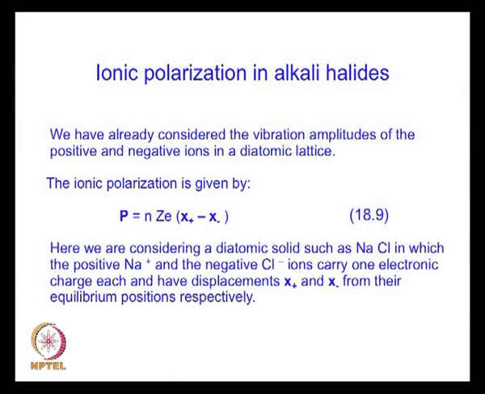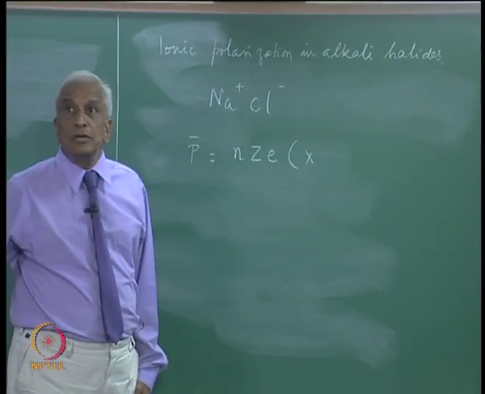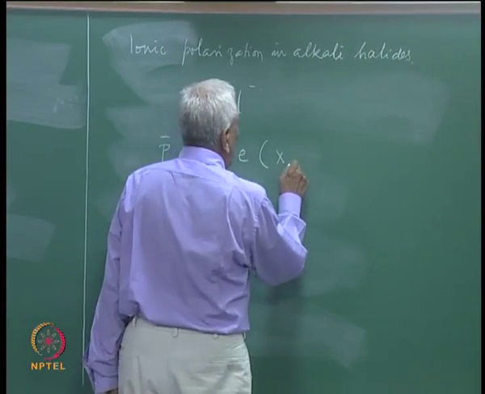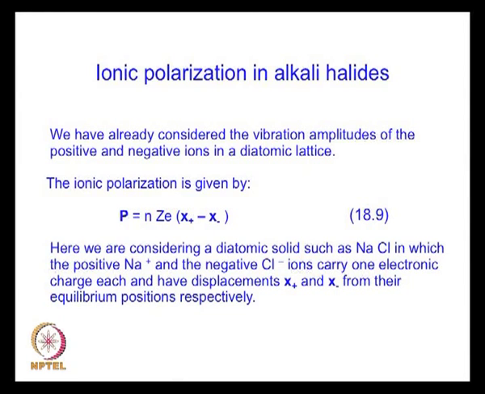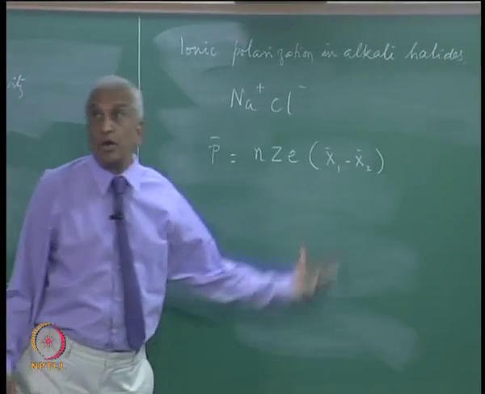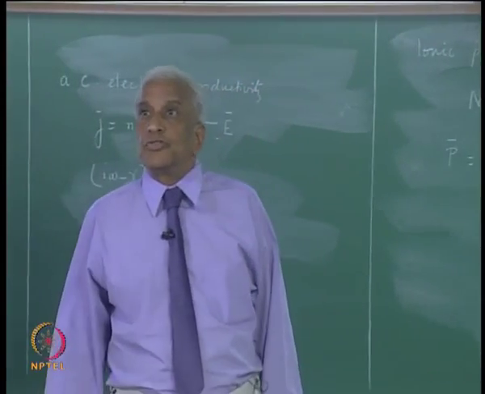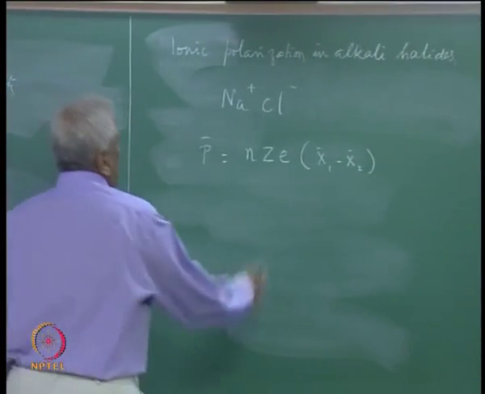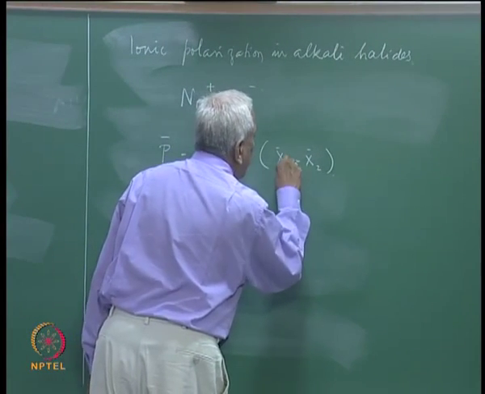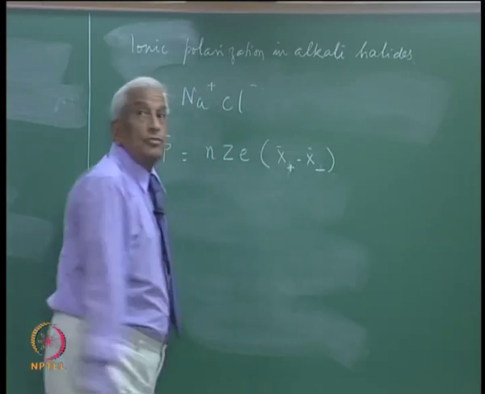Now, the ionic polarization is again given by N Z e times x1 minus x2, which is the relative net displacement of the two ions from their equilibrium position, or we can write x plus minus x minus.